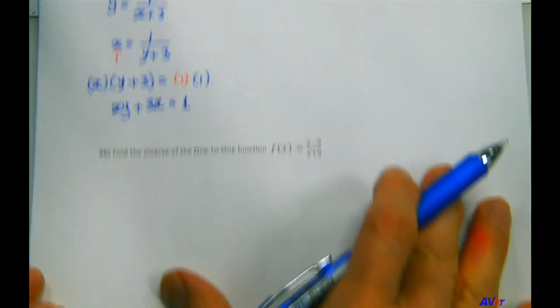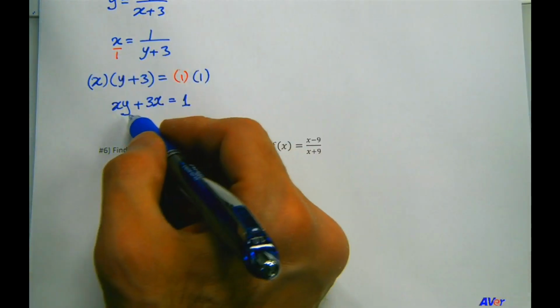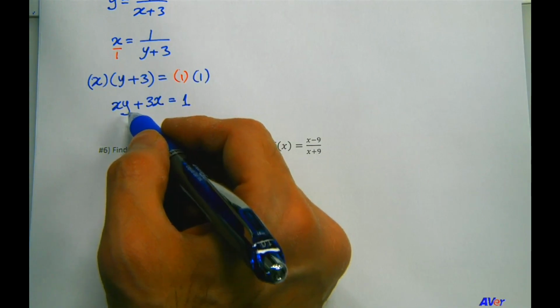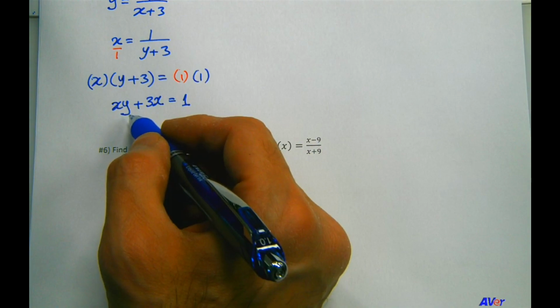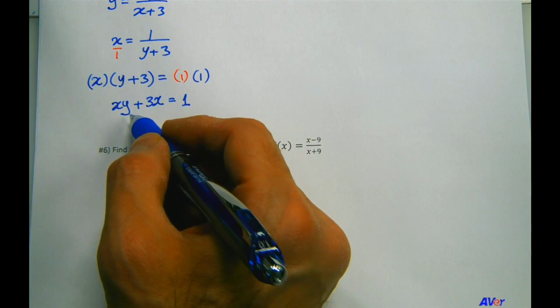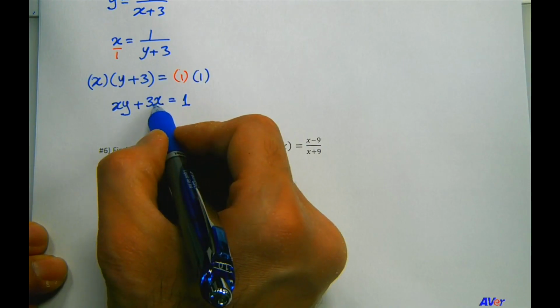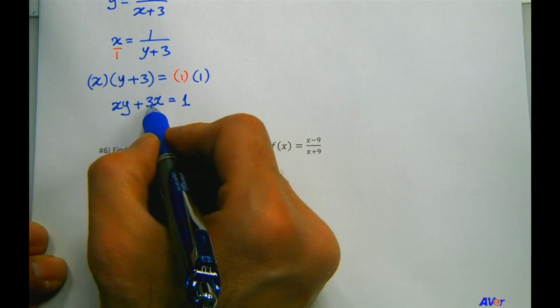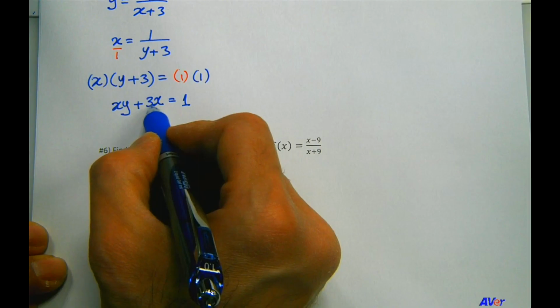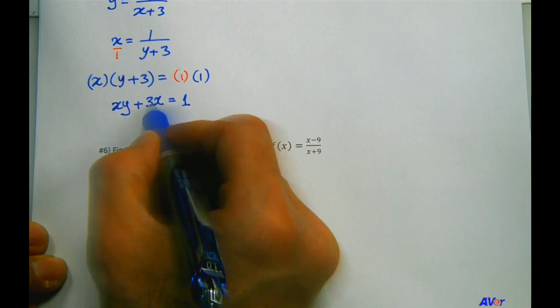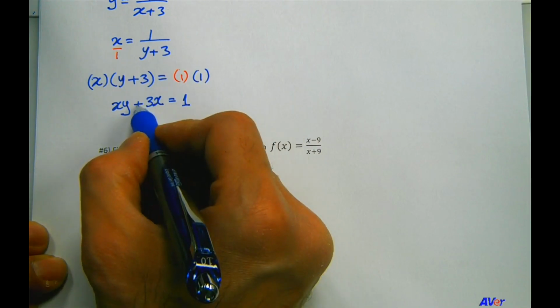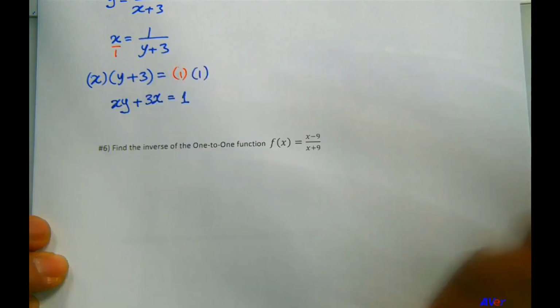Anytime you're solving for a variable, I've mentioned this before, you need to isolate that variable. Everything you do is in the direction of isolating that variable. So here we have 3x that we need to get rid of. To get rid of this 3x, we can just send it to the other side. When we do that, it changes the algebraic sign from positive to its opposite, negative.